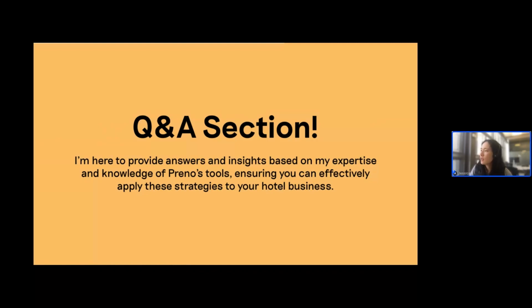All right. How do we add packages to Preno? Is there a workaround? Applies to direct bookings only. So in Preno, I guess most properties have a standard rate, right? That's a room only that you advertise on your booking engine. But if you do want to do a package, like it includes a room but also includes XYZ, I don't know, like a platter on arrival or a sunset dinner or a hike or a massage or whatever, I guess you could easily add another rate in Preno, and then we can connect that to your booking engine.